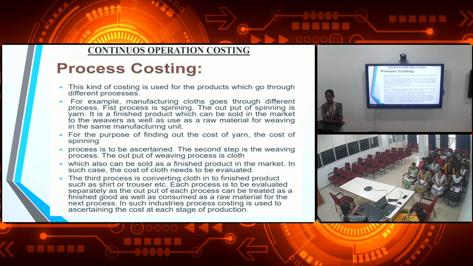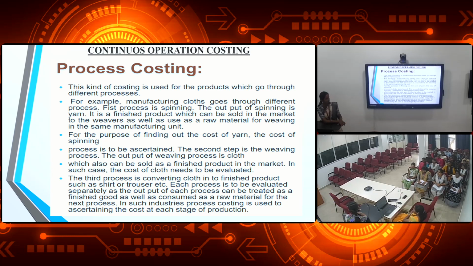Packaging, the labels attached, the other things, and electricity, everything will be calculated. For each and every product we have to calculate, and that is called unit costing. For every unit we calculate, and for the entire thing process costing can be involved and calculated. That is what the given example is showing us.